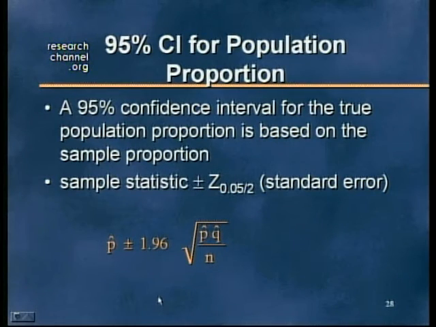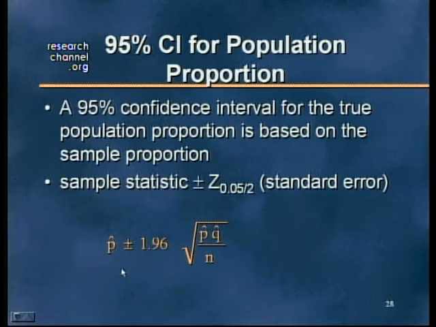Well, we have set up then the general form for a single sample confidence interval when we have continuous data and we're calculating a mean based on the continuous data that we've sampled. We can easily expand that to a 95% confidence interval for a population proportion based on the proportion we calculate from the sample.